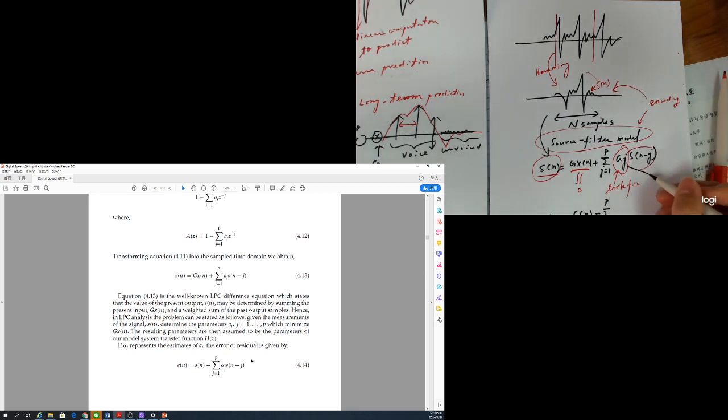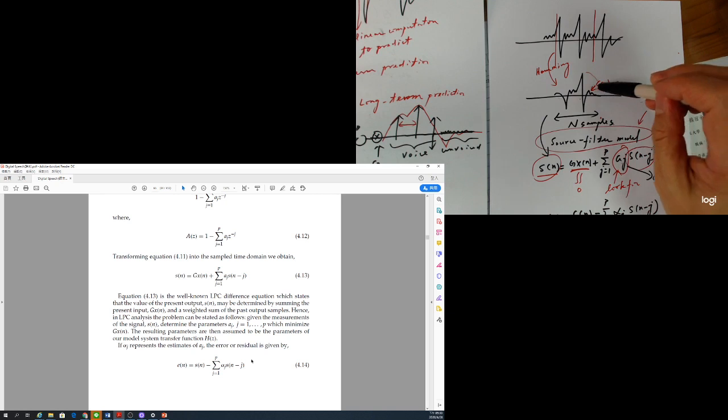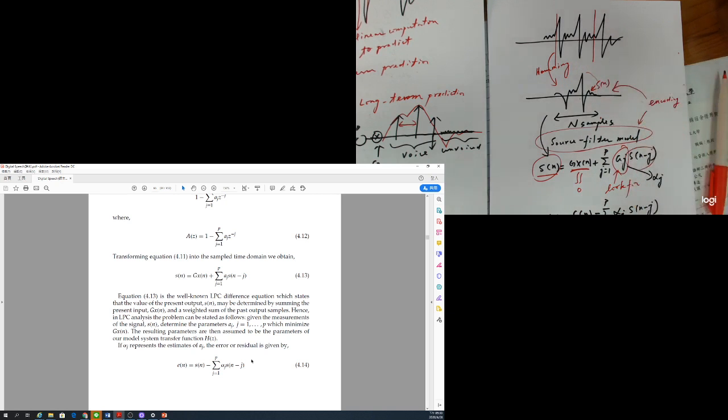Here they use alpha_k to represent a_k. So alpha_k is unknown and we try to figure out the value based on your input signal, find the best alpha_k, and make the error minimum.